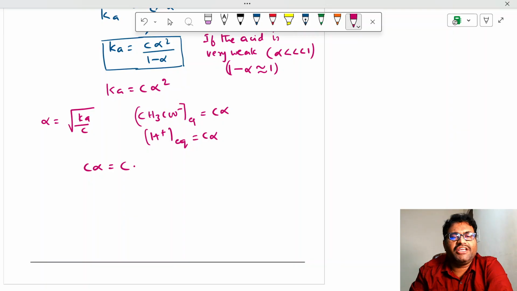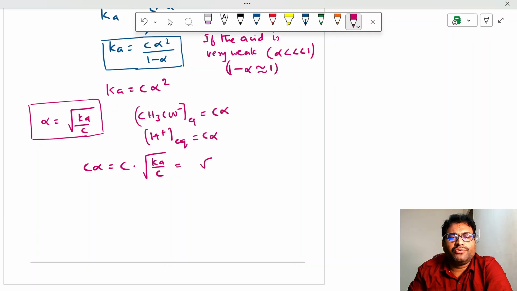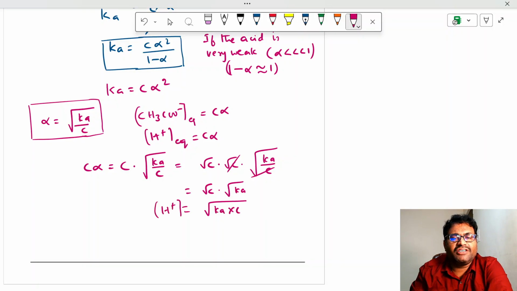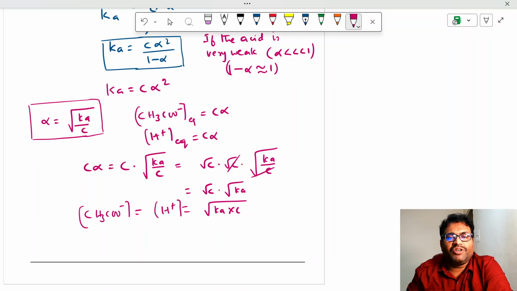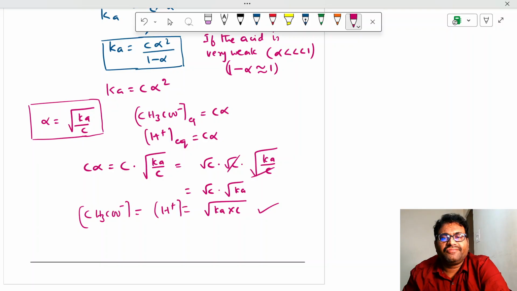C alpha is equal to C into alpha, where alpha is root Ka by C. So C into root Ka by C, root C gets cancelled, giving root Ka into C. So whether it is acetate ion concentration or H plus ion concentration, it is given as root Ka into C.